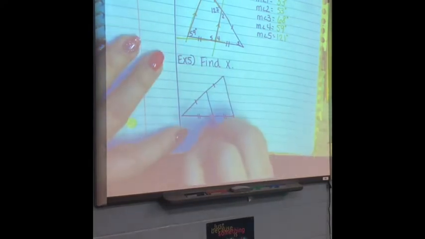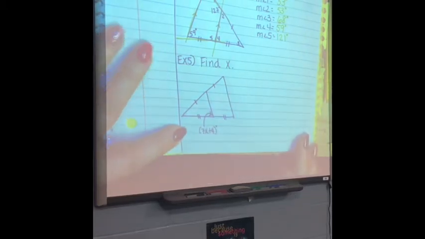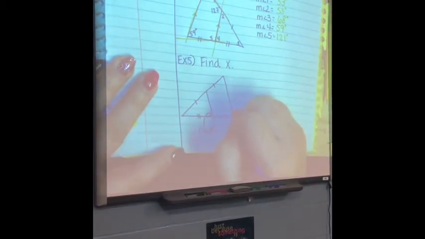All right, this angle right here, I'm going to call 7x plus 4 degrees. And this angle right here, I'm going to call 10x minus 11 degrees.